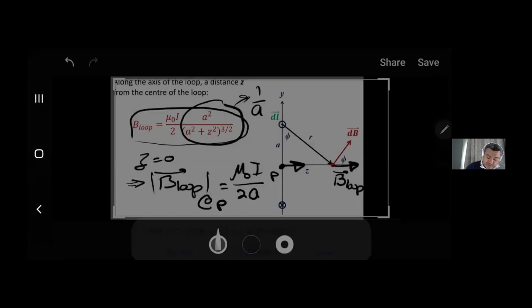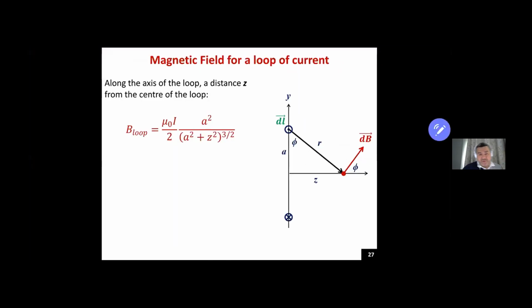So now we have two equations for the magnetic field. I did not go through the integration. We'll leave this one. So we're not going into the integration.